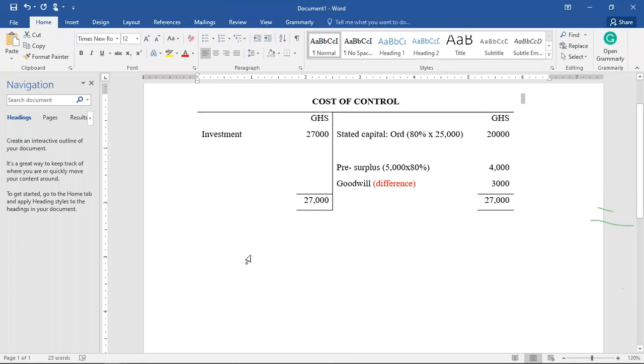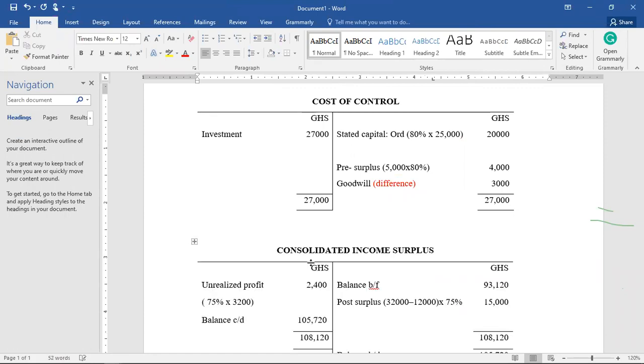You must also calculate the consolidated income surplus.